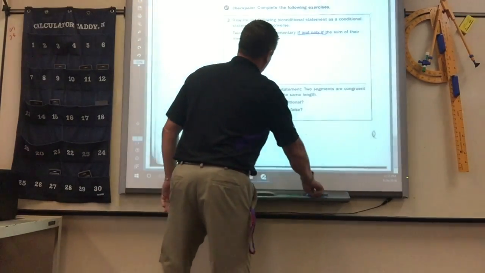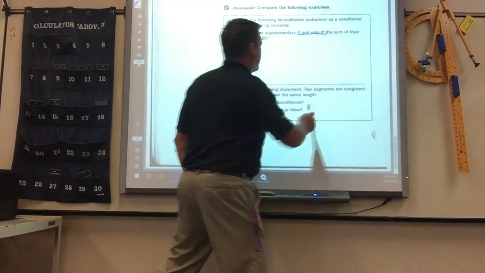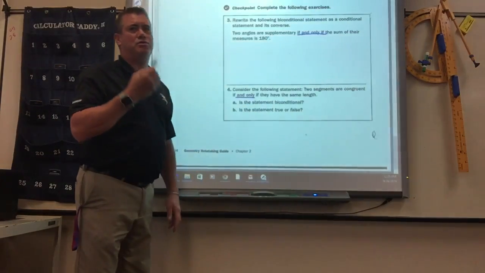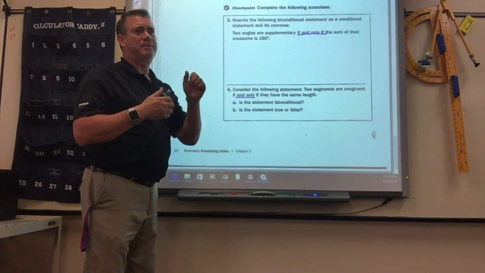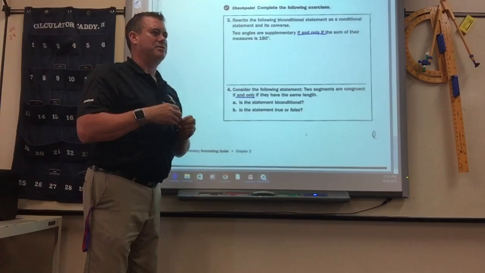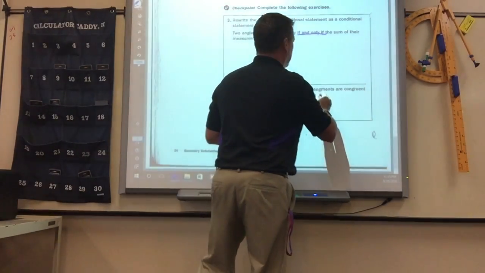Okay, so one more. Here's the statement. Two segments are congruent if and only if they have the same length. Is that true? Are two segments congruent if they have the same length? Yes. In order for them to be congruent, they have to have the same length. So that's true.